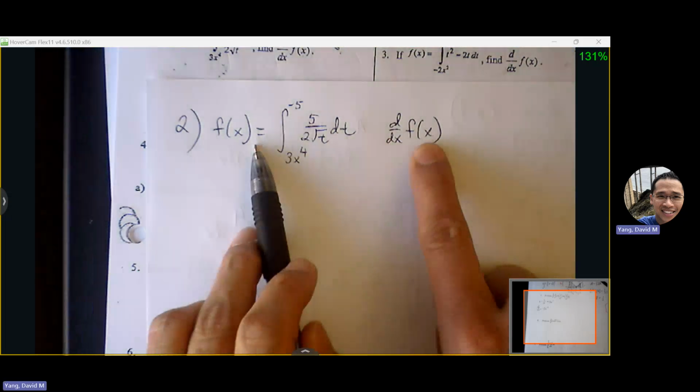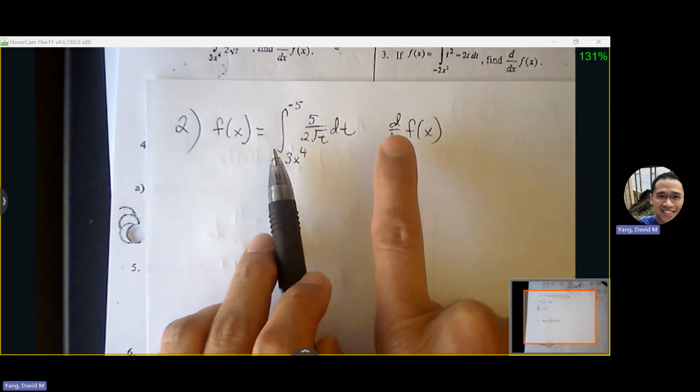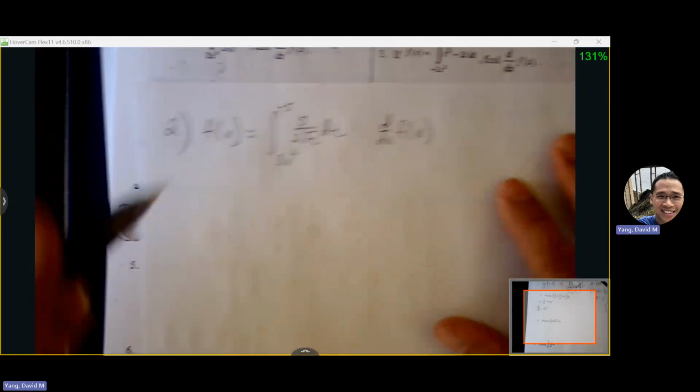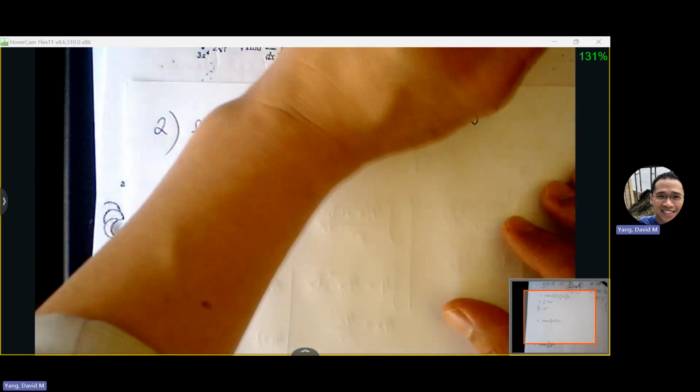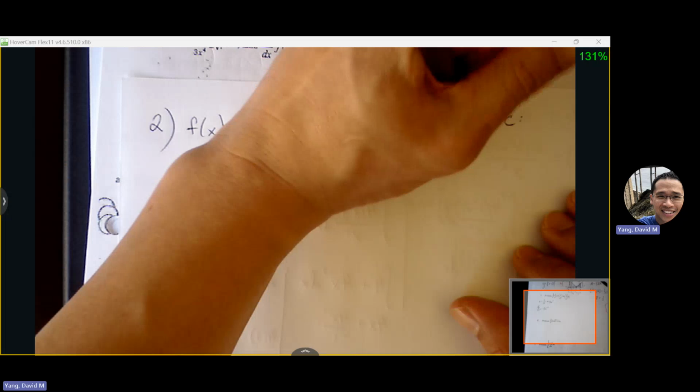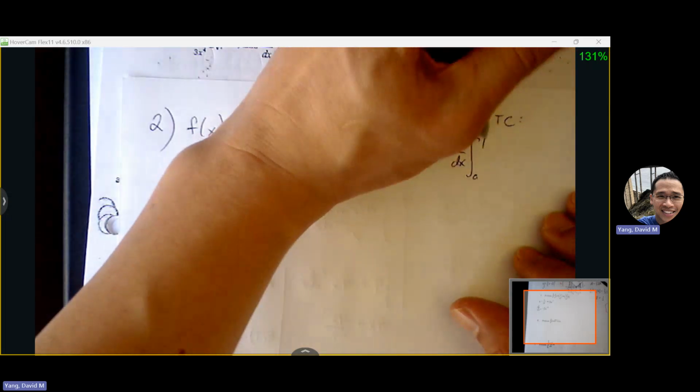If I want to find the derivative of this function, I'm basically putting two opposing operations on top of one another. And this is applying the second theorem of calculus. So this is a formula we need to make sure we memorize as well.